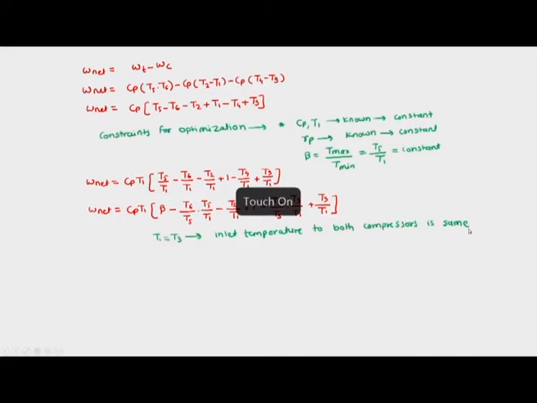So having said this, we can go ahead and write W net equal to Cp T1 [beta minus T6 by T5 into beta minus T2 by T1 plus 1 minus T4 by T3 into T3 by T1, which is 1, so plus 1].